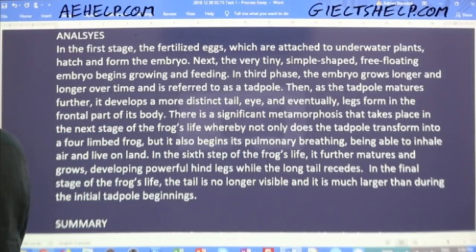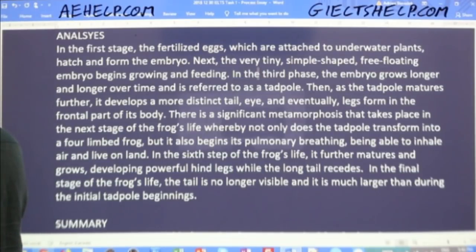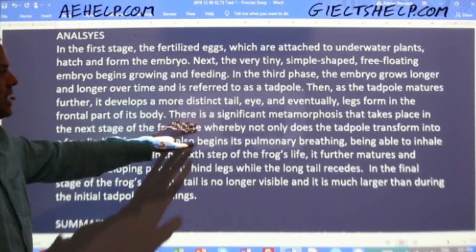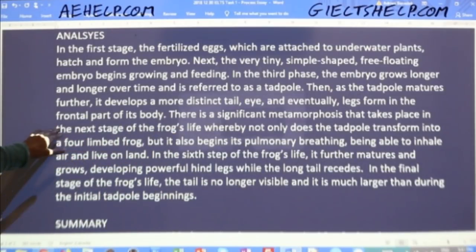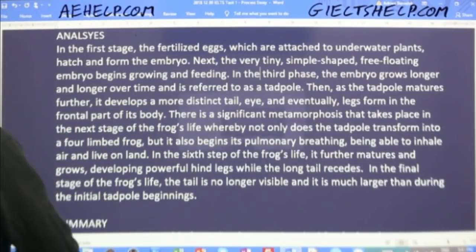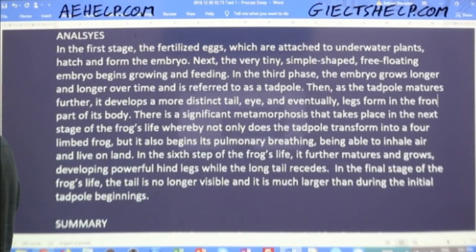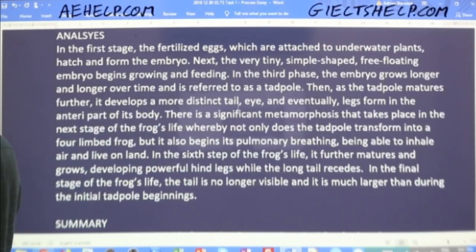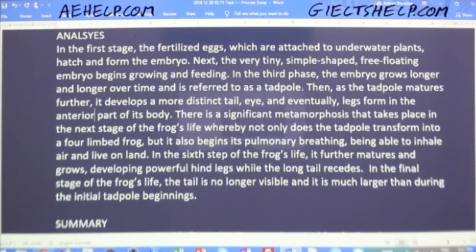And this is what you do at home when you're reading, you make some corrections. It's unique. In the third phase, the embryo grows longer and longer over time and is referred to as a tadpole. Then, as the tadpole matures further, it develops a more distinct tail, eye, and eventually legs form in the frontal, or as I think it was Preeti that said it, if we want to be even more scientific, anterior part of its body.